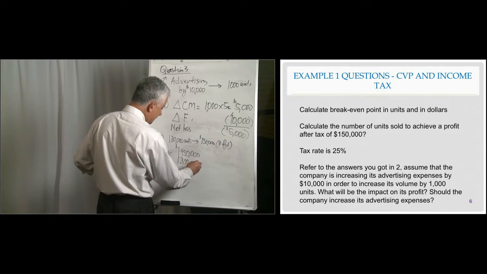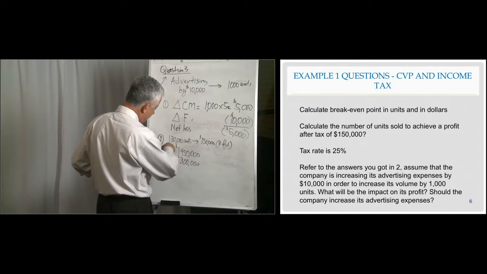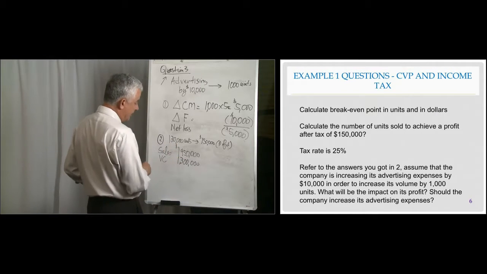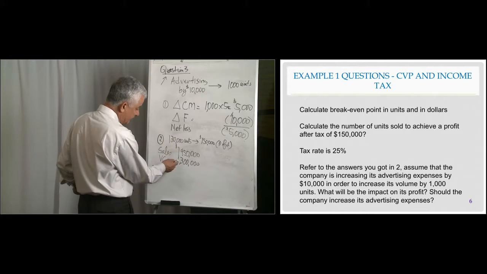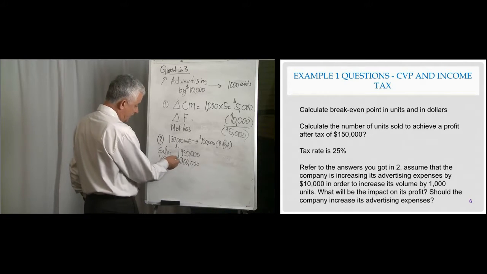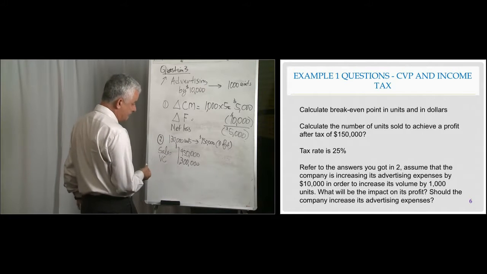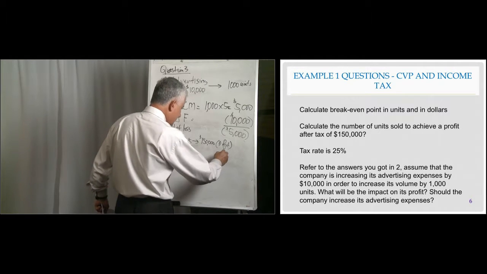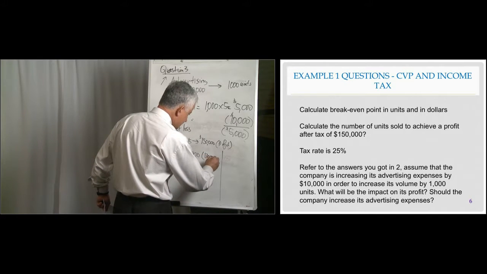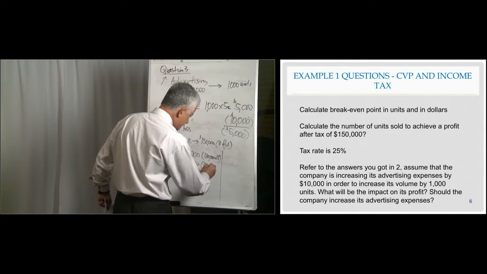How did we get 1,300,000? This is again based on 130,000 units sold, right? It's 130,000 times 10. So it's 130,000 times 15 for sales, and 130,000 times 10 for variable cost.